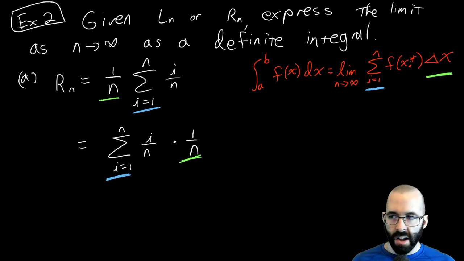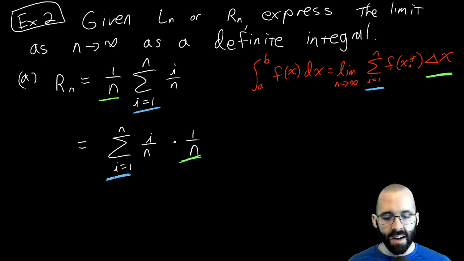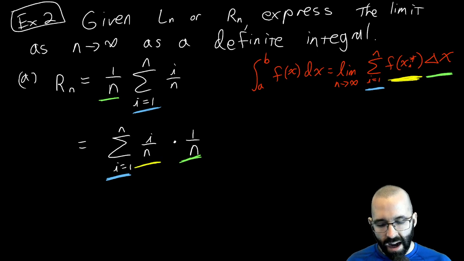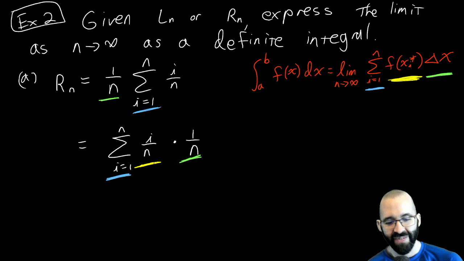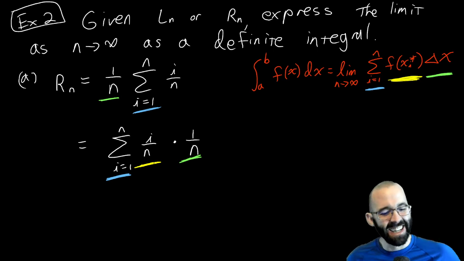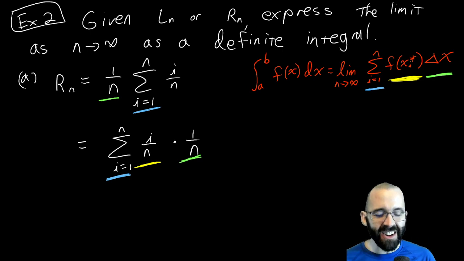All of the things underlined in blue are exactly the same. All the things underlined in green are exactly the same. So if this is indeed a sum, then that means that these yellow guys are actually exactly the same. And again, this is where things really get tricky. This yellow step is the hardest step.